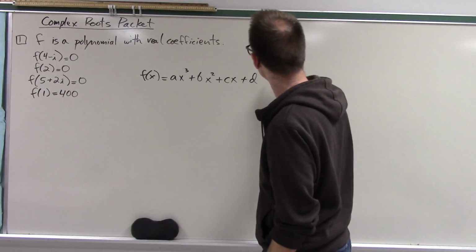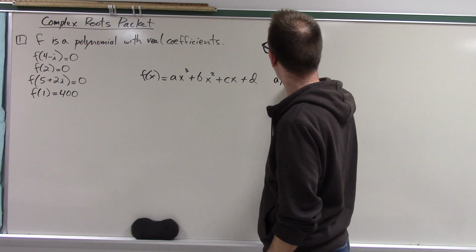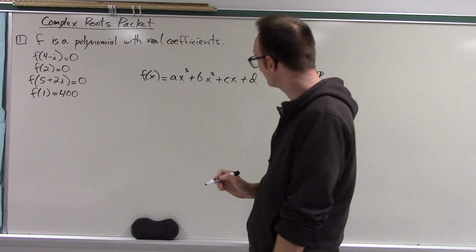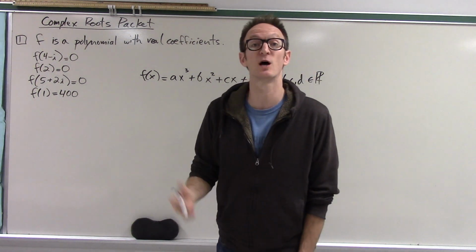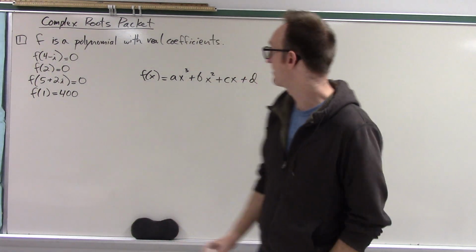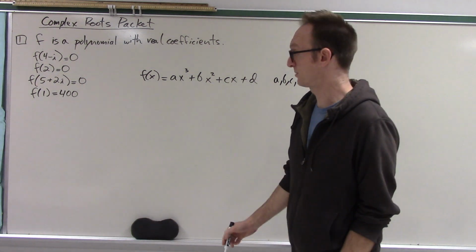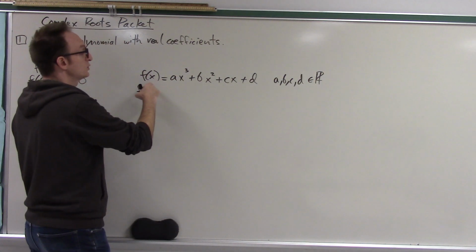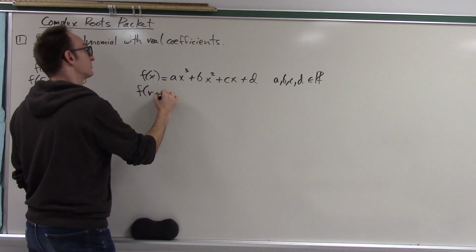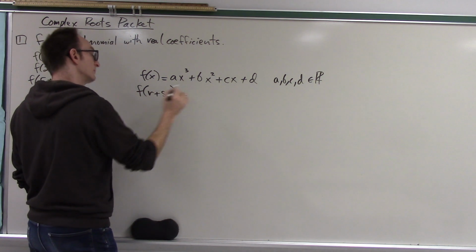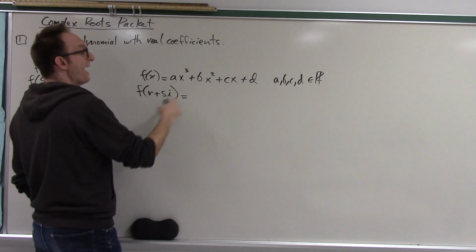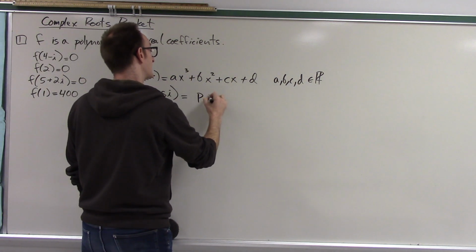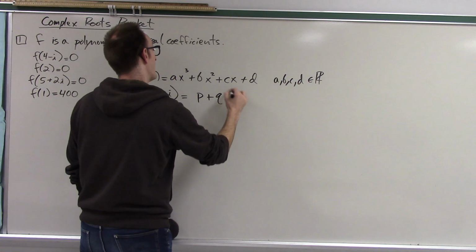If your coefficients are all real, so that part is important, but your roots are perhaps non-real, then the following pattern emerges: if you plug some number into this polynomial, like r plus si, for example, and you get back some really complicated output, like p plus qi.